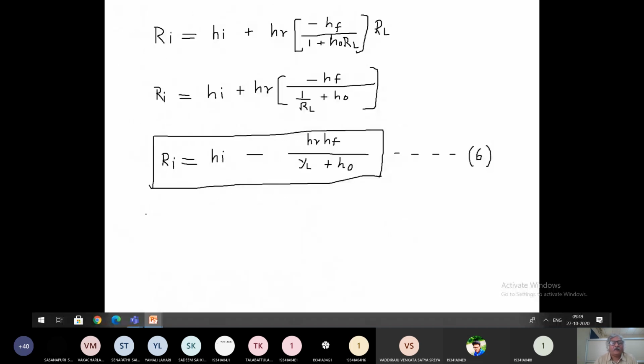And here YL is equal to 1 by RL, that is load admittance.